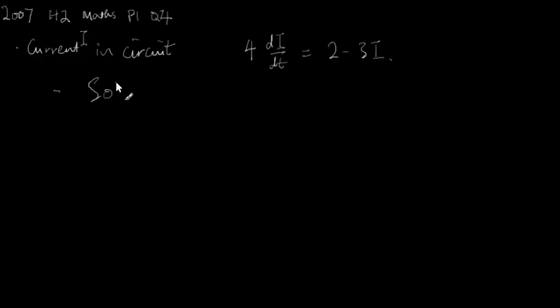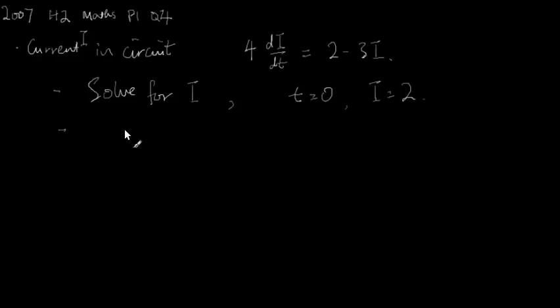Okay, to solve for the current, given that when the time t is 0, the current is equal to 2. So that's the first part of the question.